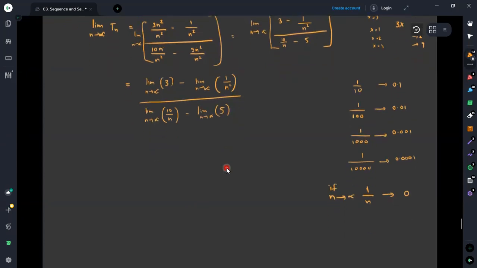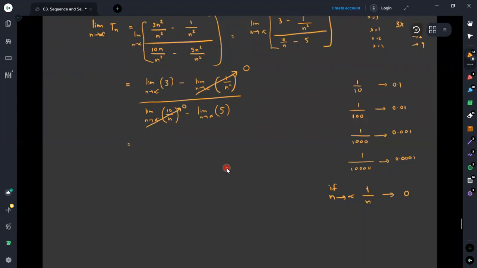Now we can see that for 1 over n squared, where n goes to infinity, we have identified that if the denominator goes to infinity, we get 0. Therefore, this quantity goes to 0, and here also 10 divided by n, whatever value we have, if n is large, this is also equal to 0.